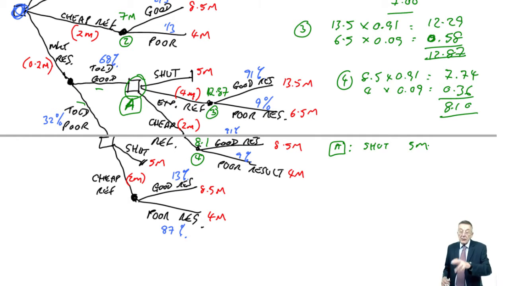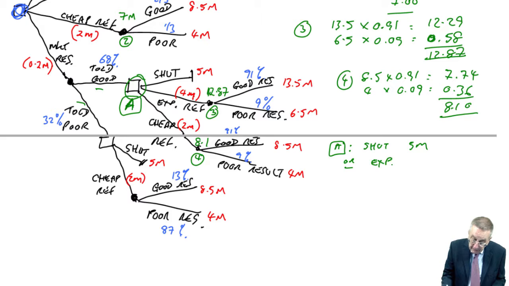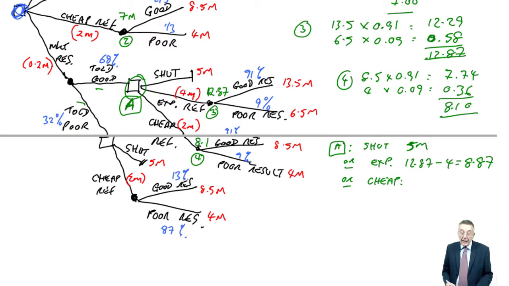But having paid that, we shut and get 5 million, or we do the expensive, we'll get 12.87 million, but we'll have had to pay 4 million, so a net 8.87 million. Or we do the cheap. And if we do the cheap, we'll get back an expected 8.1 million. We'll have had to pay 2 million. And so we get 6.1.